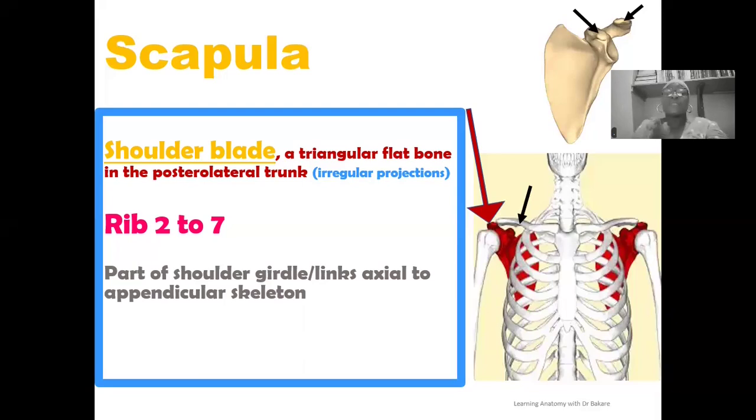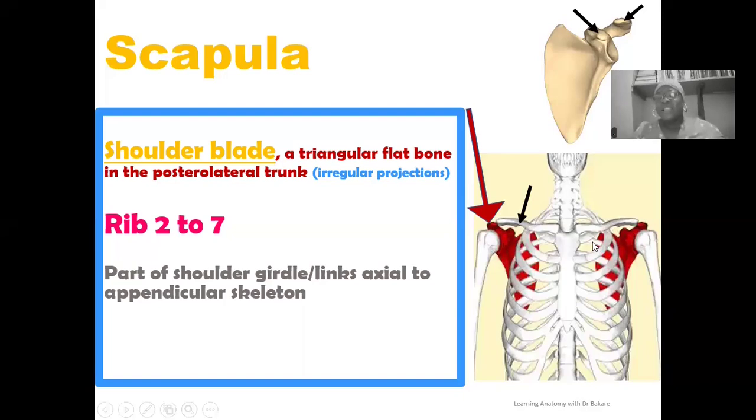The scapula is also seen to connect the axial skeleton to the appendicular skeleton. If you look at this region up here, this is where we have the clavicle. We say that the scapula connects with the clavicle, and it is through the connection that it creates with the clavicle that it connects with the axial skeleton. We know that the axial skeleton is made up of the skull, the vertebral column, and also the rib cage.